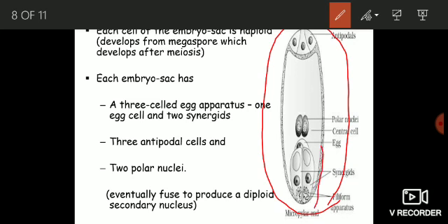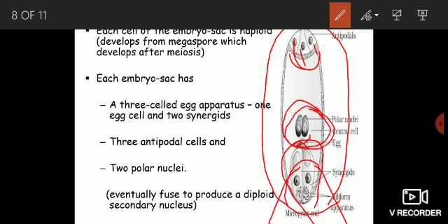You have the egg apparatus, and the egg apparatus has 2 synergids and 1 egg. You have the secondary polar nuclei, and you have 3 antipodal cells. At this end you have 3 cells, at this end you have 3 cells, and right in the middle you have a single cell, and this cell has 2 nuclei. That is why we say 7-celled and 8-nucleate structure, because right in the middle you have this cell, and this cell has 2 nuclei.